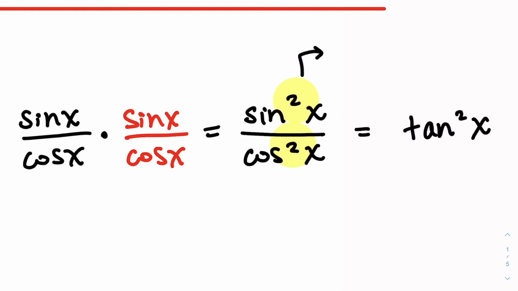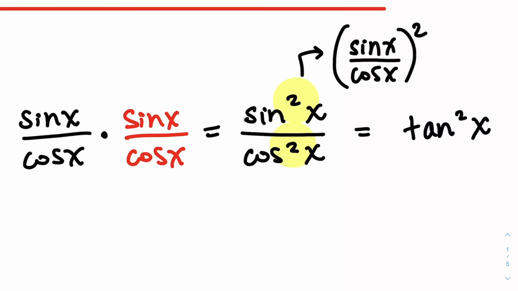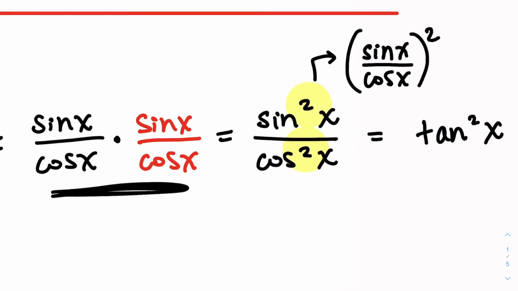I can rewrite sine squared over cosine squared like this: sine x over cosine x, squared. Because if I multiplied it by itself, then it would turn into this expression, right? Sine over cosine times itself 2 times. So really, I can replace the inside expression with tangent, and that's why my answer is tangent squared x.